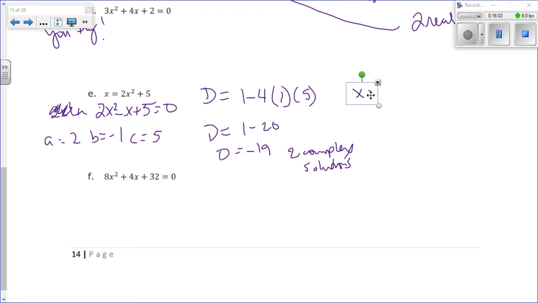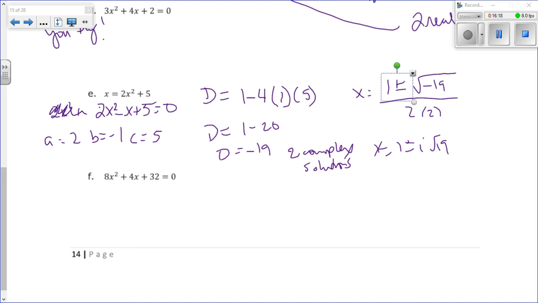So if I substitute in my formula, x equals negative b, so 1 plus or minus the square root of negative 19 divided by 2 times 2, so x equals 1 plus or minus i radical 19 over 4. And those are my two solutions.